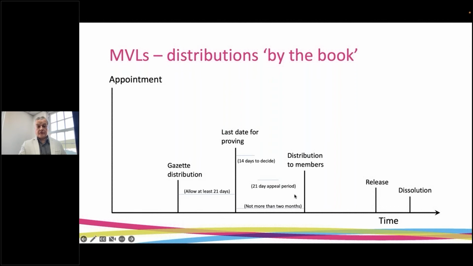And after you've made a decision about a particular proof, the creditor has got 21 days to appeal against it if dissatisfied. Once you've done all of that, you can then make the distribution to members, and that is likely to be the conclusion of the MVL for most practical purposes, and you can move on to release and then dissolution of the company.